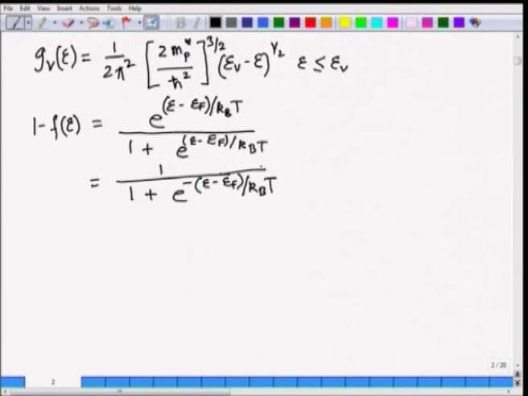All right, so this is the expression for 1 minus Fe.